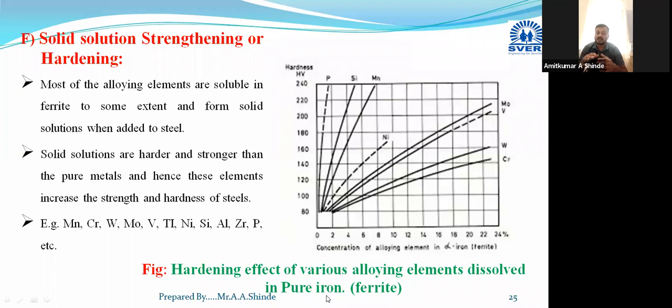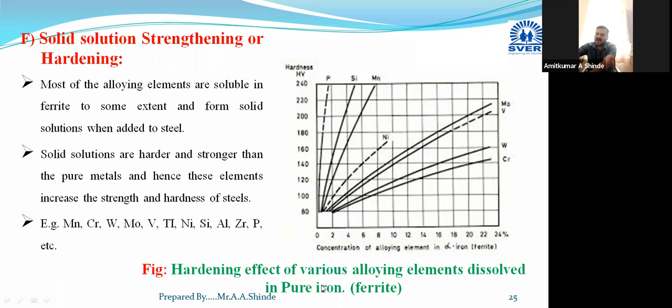Due to formation of solid solution, the hardness and strength of that particular steel will increase. So this effect is termed solid solution strengthening, or solid solution hardening, or simply hardening. In some books, simply hardening is the word used. This is the solid solution strengthening or hardening effect.